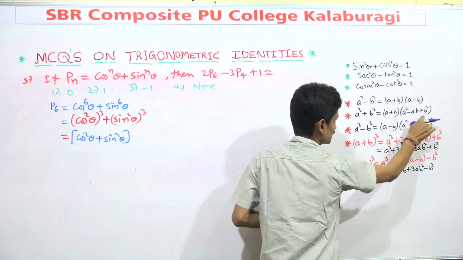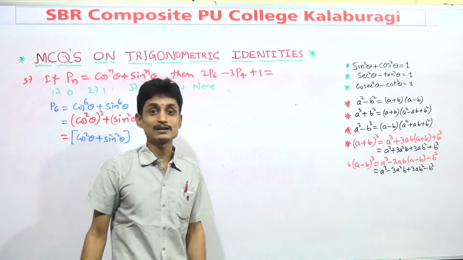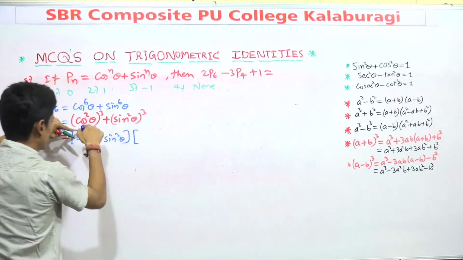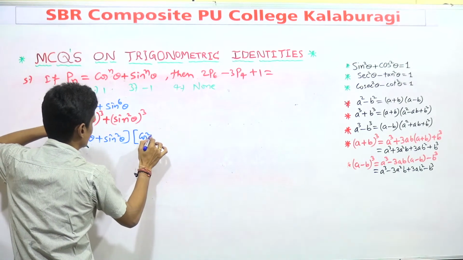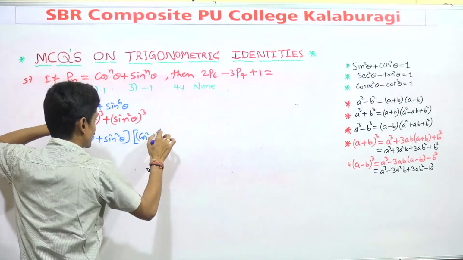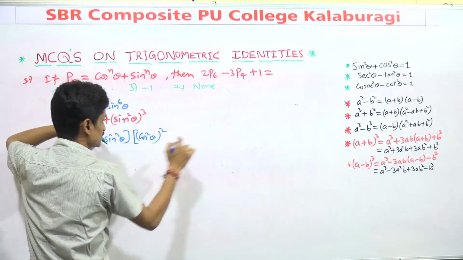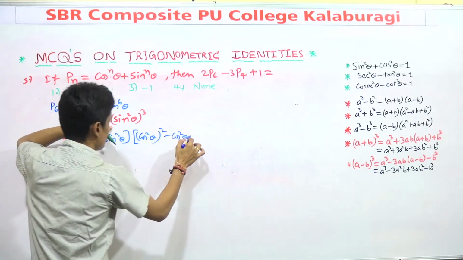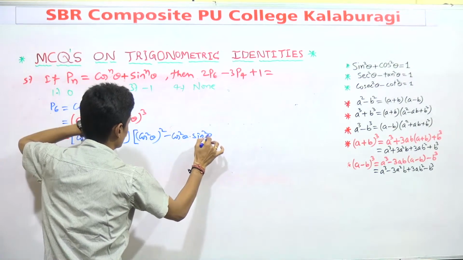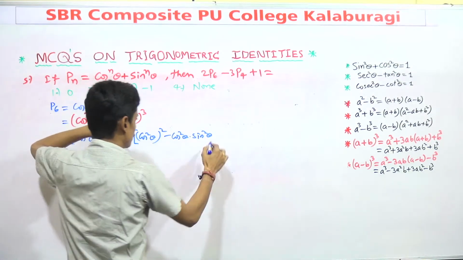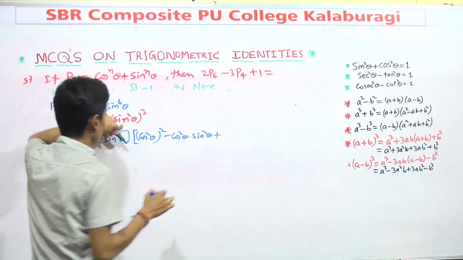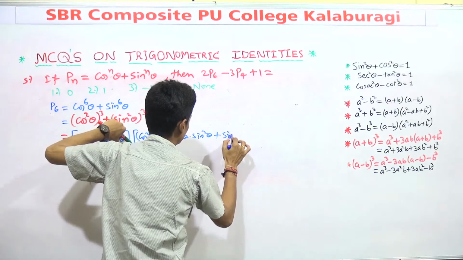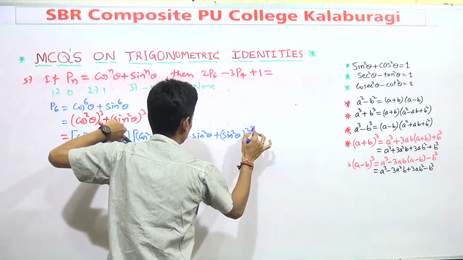After that, these three terms are a square minus ab plus b square. My a value is cos square theta, so a square is cos power 4 theta. Then minus ab, where a is cos square theta and b is sin square theta. Then b square, which is sin square theta whole square.